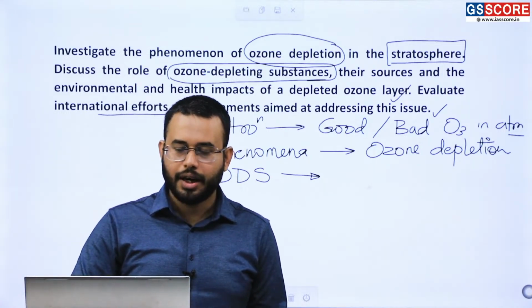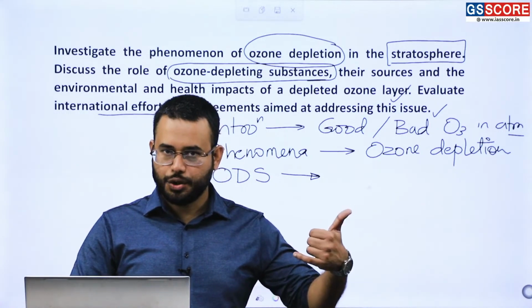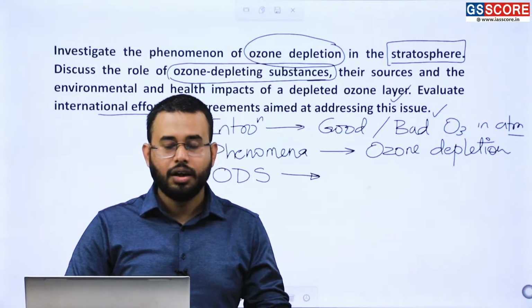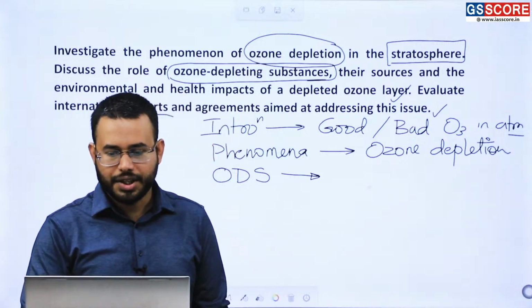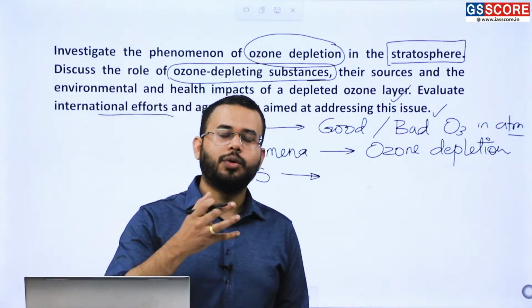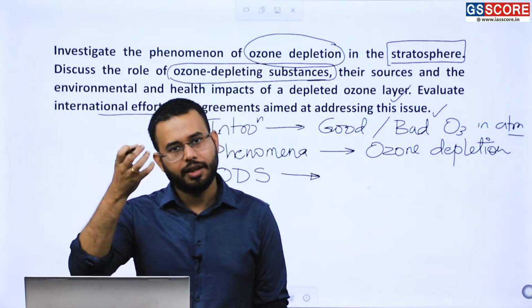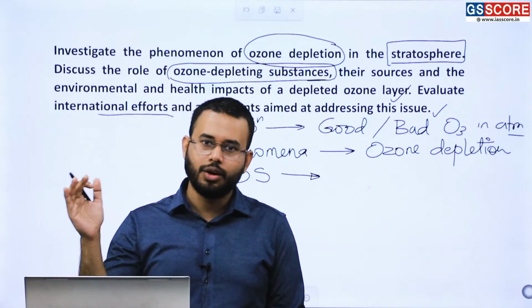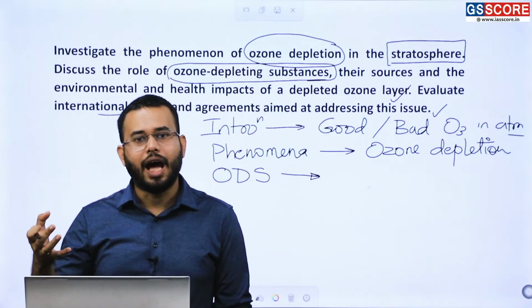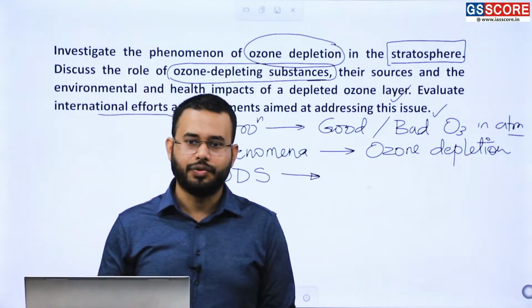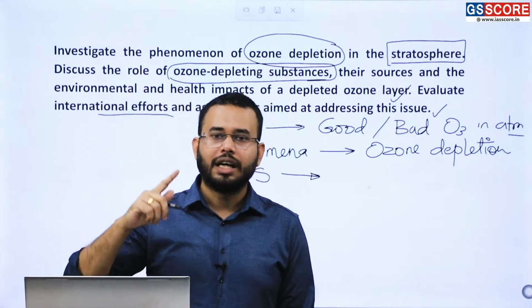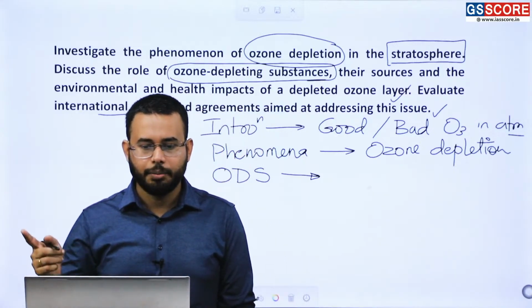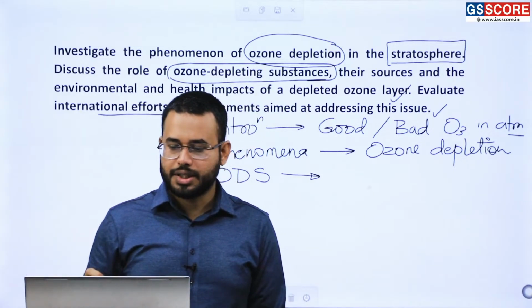So, environmental and health impact: increased UV radiation; the presence of ozone to some extent relates to climate change as well, and if overall insolation increases because of the thinning of the ozone layer, that will add to the heating of the atmosphere as well. So increasing UV radiation is a direct health impact; climate change, an indirect impact; and ecosystem disruption.